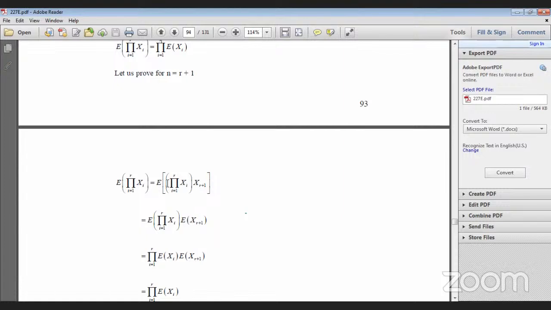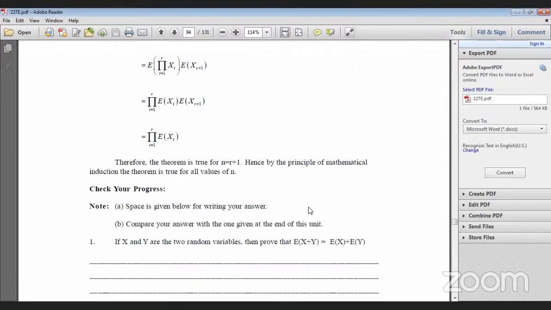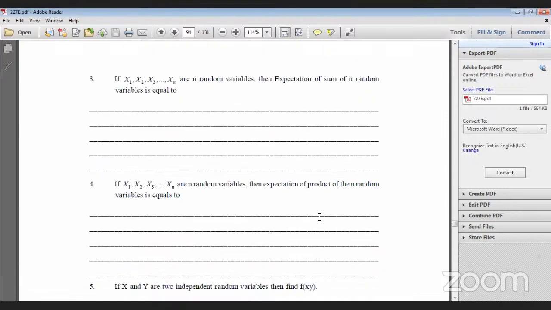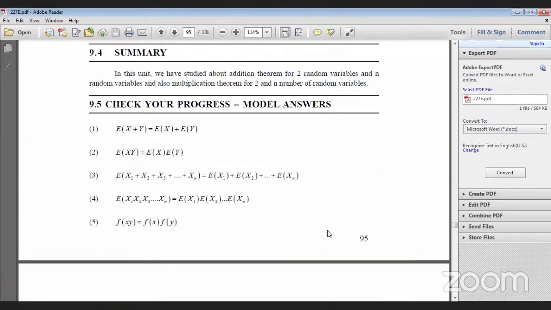Then e of that into x r plus 1, so e of xi into e of x r plus 1, you can write it e of xi రాసుకోవచ్చా? Yes, sir. So therefore ఇది కూడా అడుగుతాడు. ఈ మూడు n random variables అడుగుతాడు, 2 random variables అడగడు. ఈ బాగా చదవండి రెండు. Any doubts ask me in these 2 units.